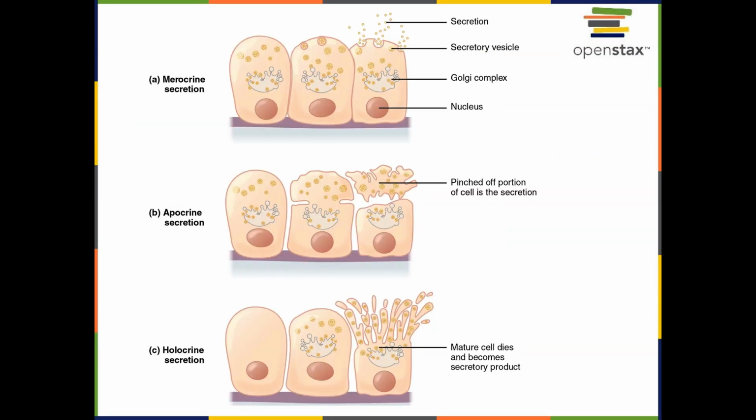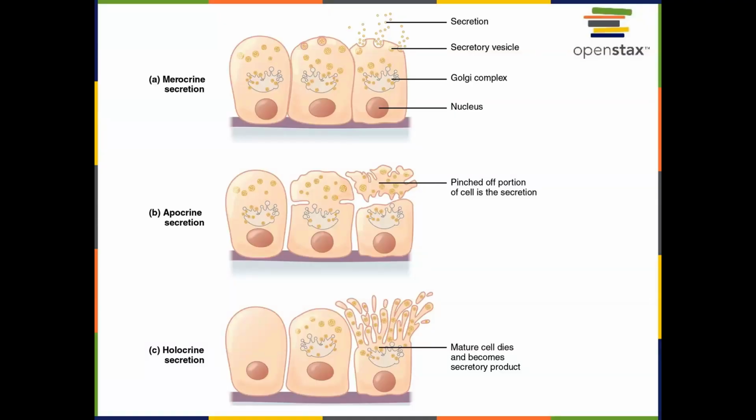Most glands use what's called a merocrine mechanism of secretion. Like we saw with the goblet cell, there are secretory vesicles that contain the substance that will be secreted, and these vesicles merge with the cell membrane to release their product in a mechanism of exocytosis.